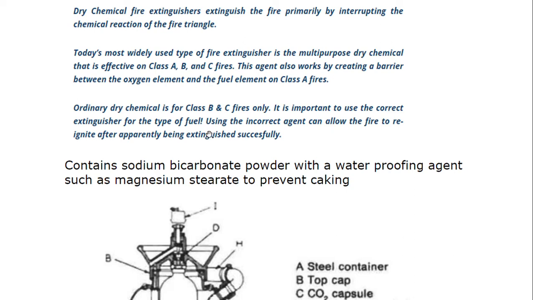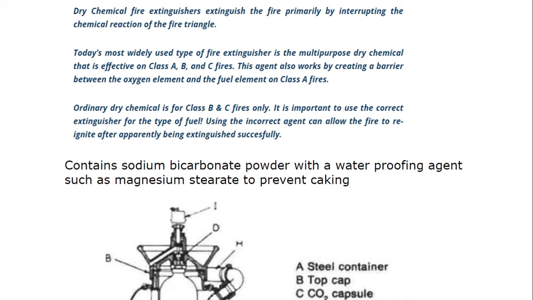So, when we talk about dry chemical fire extinguishers, it extinguishes the fire primarily by interrupting the chemical reaction of the fire triangle. I hope you know the fire triangle. It should really be a fire tetrahedron, because there are three elements primarily: the heat, the fuel, and the air.